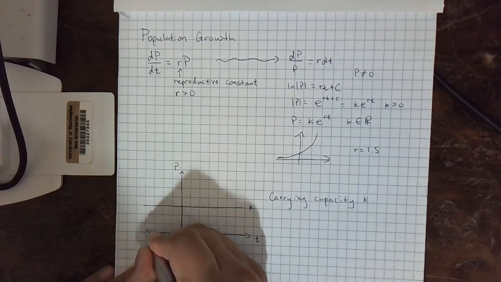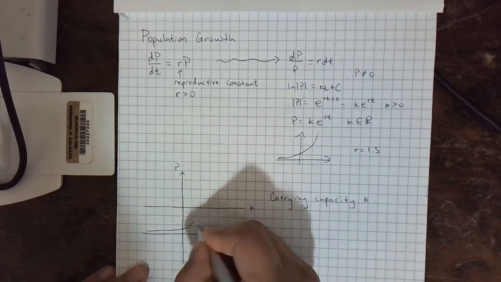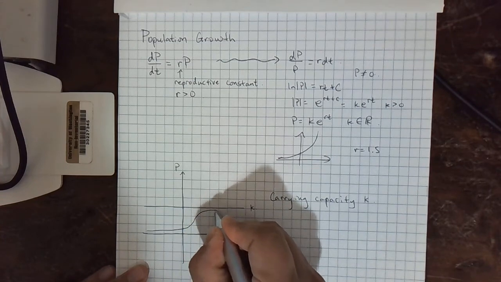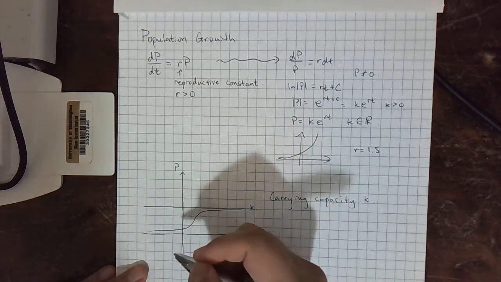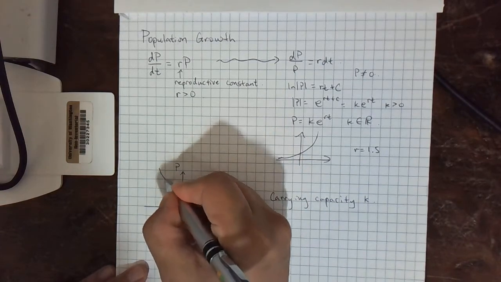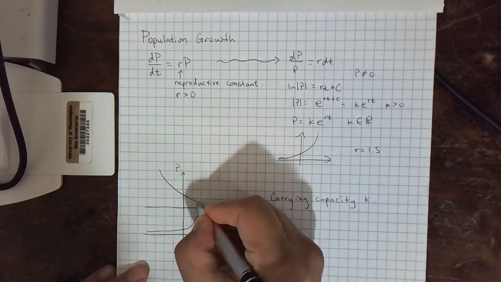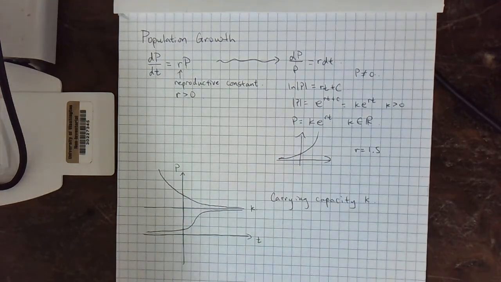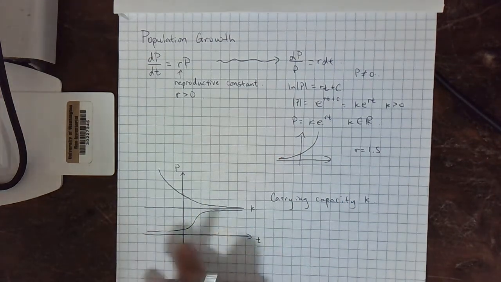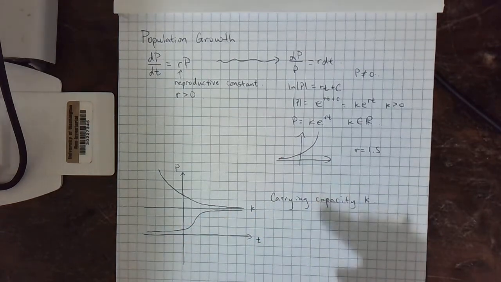And so it's going to look exponential, but then as we approach the carrying capacity, we're going to mellow out, and we're never going to go over it. And if for some reason we started over it, people are just going to kind of die off, and we'll approach it over here. So this is what population actually tends to look like.